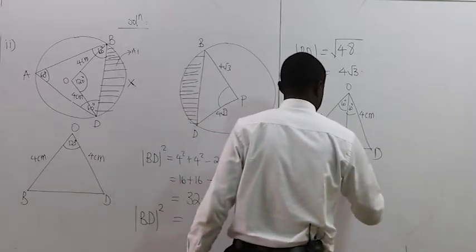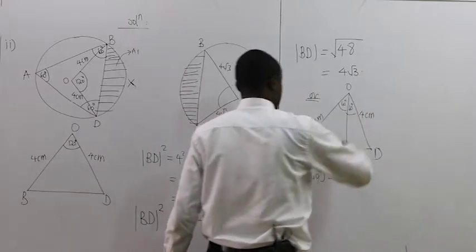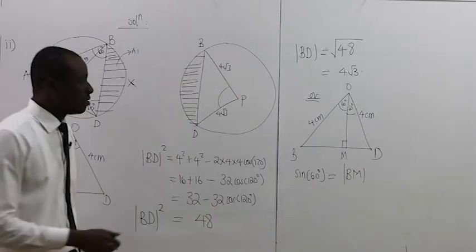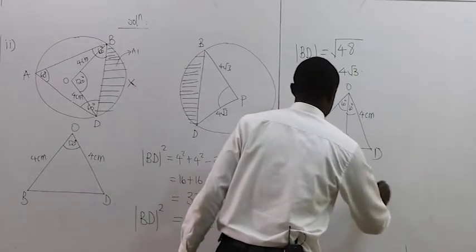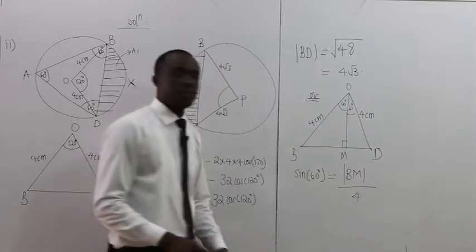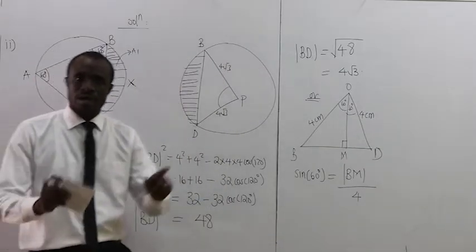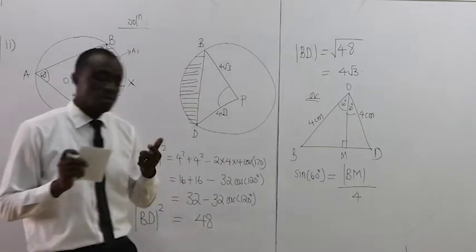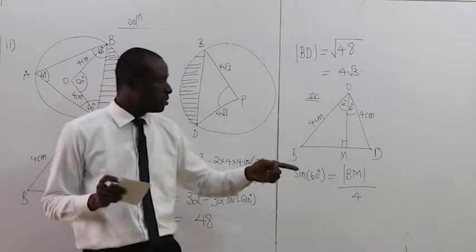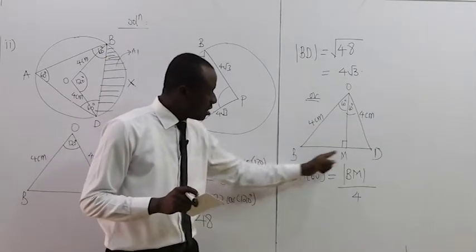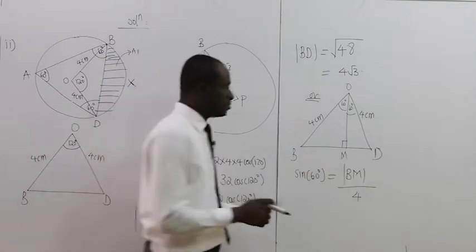Now, sine 60 degrees: that's opposite. That's our BM, where the angle is facing, BM over 4. We are using SOHCAHTOA, so opposite over hypotenuse. So sine 60, opposite is BM.